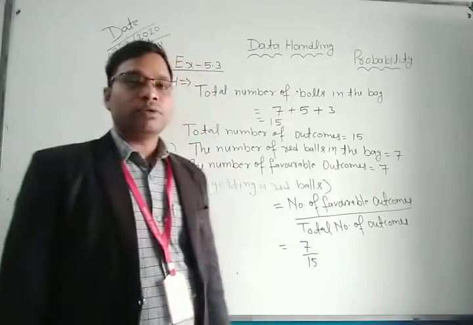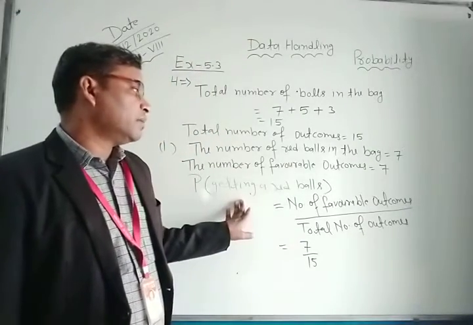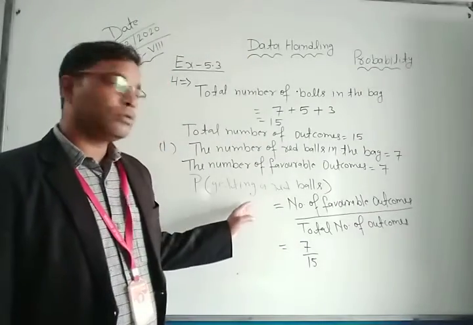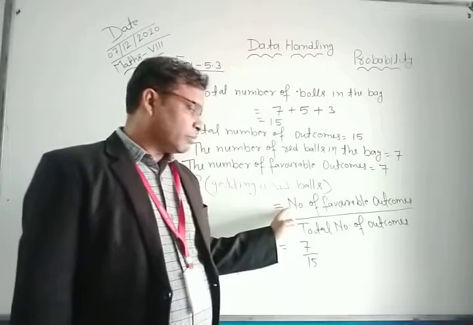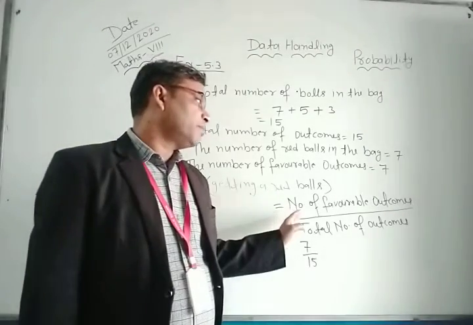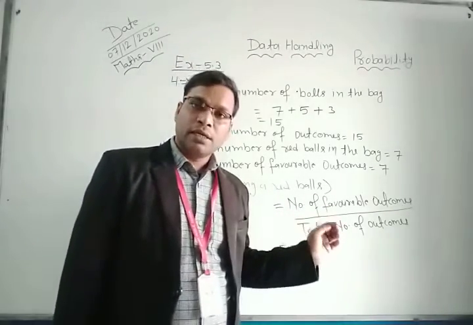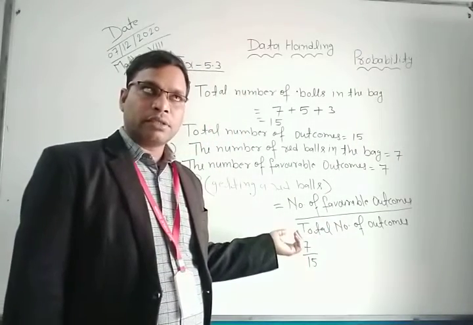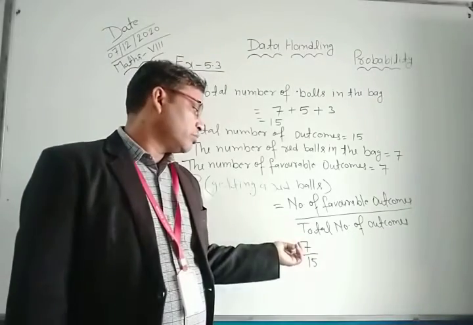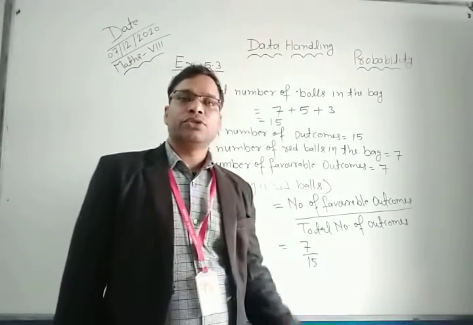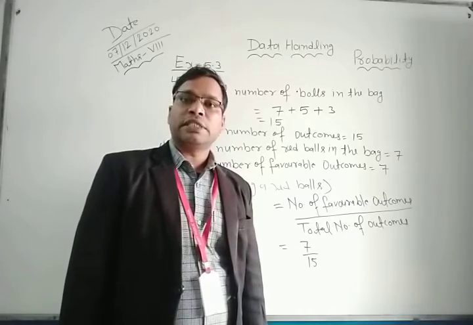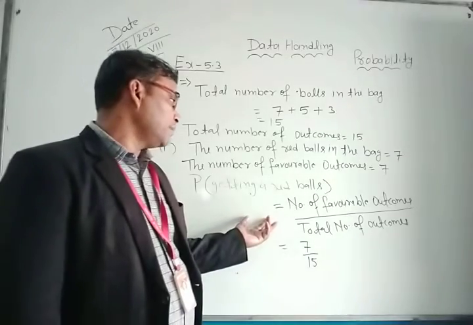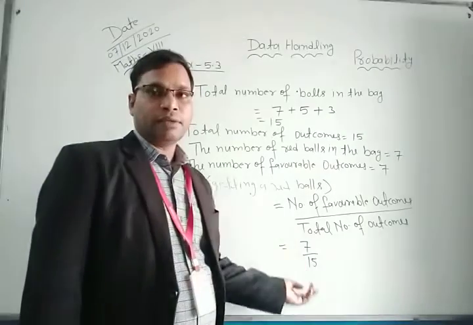The formula to find probability is number of favorable outcomes divided by total number of outcomes. The number of favorable outcomes is 7, and the total number of outcomes is the total balls in the bag, 15. So the probability of getting a red ball is 7 by 15.